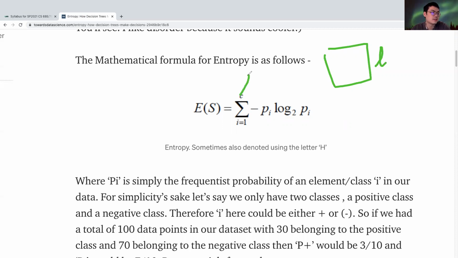If each one is uniformly distributed, you cannot differentiate one from another. What's the probability p_i? What should be the value here? Who can give me the answer? Okay, so this is 1 by L, right?